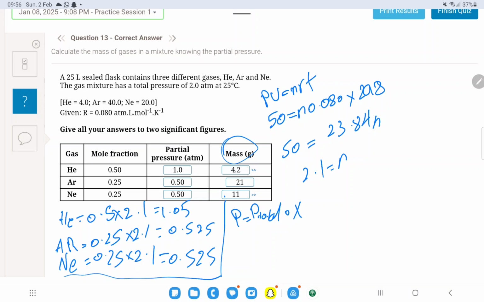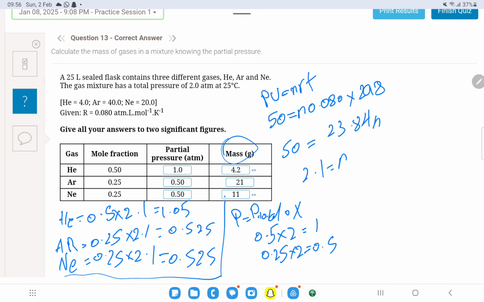For helium it's 0.5 times 2 equals 1. For argon, 0.25 times 2 equals 0.5, and same thing for neon.